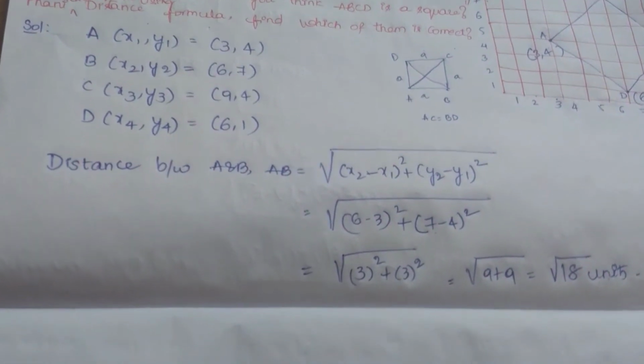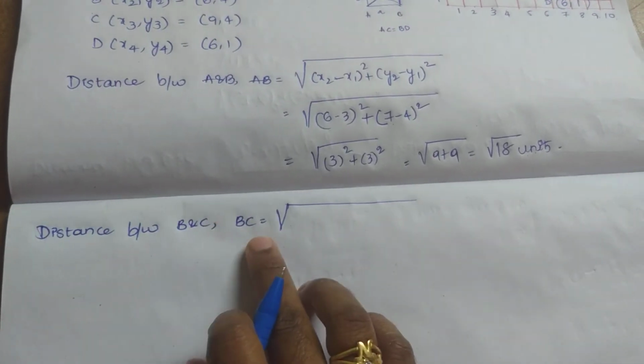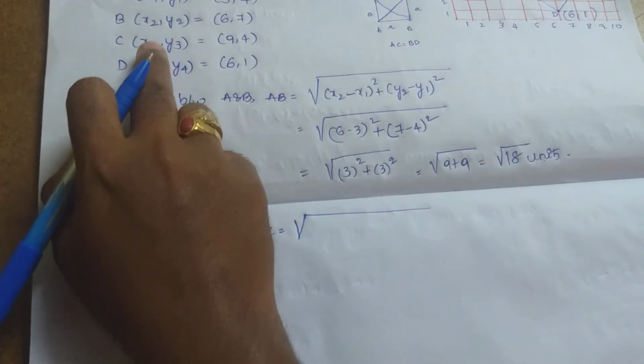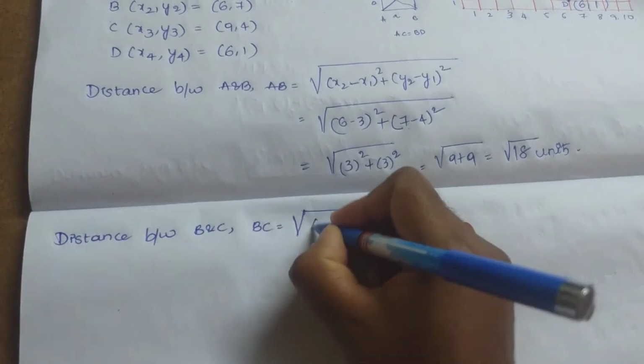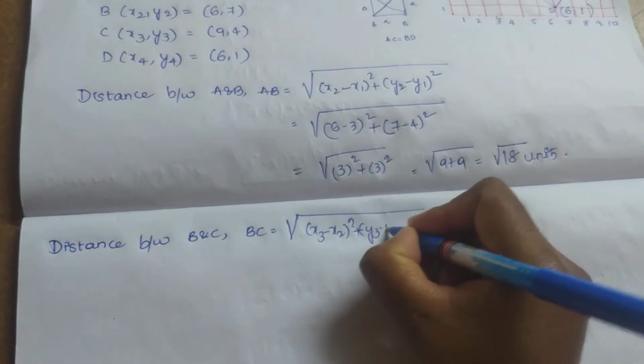In the same way, let's find BC, CD and DA. The distance between B and C is BC equals square root of (x3 minus x2) whole square plus (y3 minus y2) whole square.